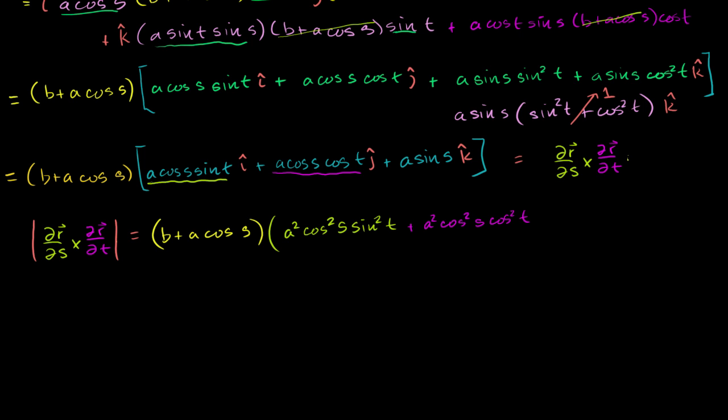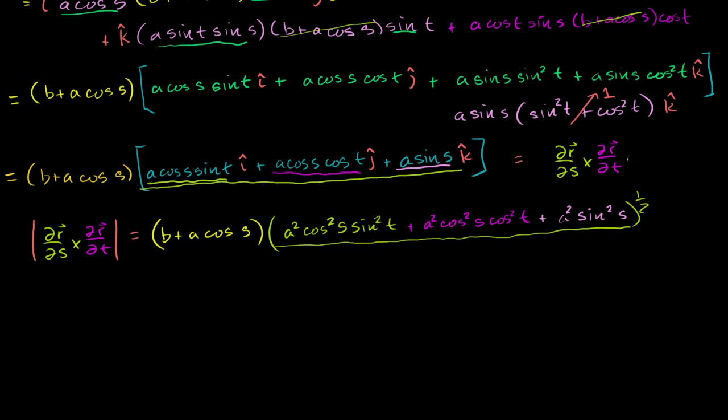That's that term. And then finally, I'll do another color, this term squared. So plus a squared sine squared of s. And it's going to be all of this business to the 1/2 power. This right here is the same thing as the magnitude of this right here. This is just a scalar that's multiplying by both of these terms.